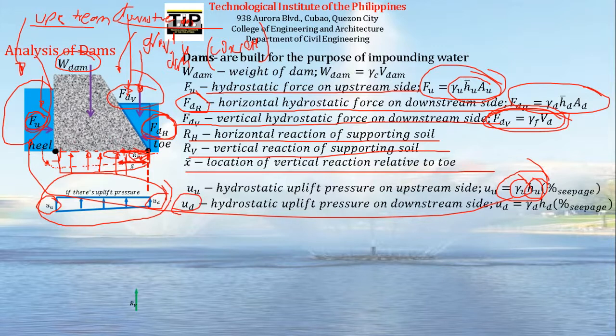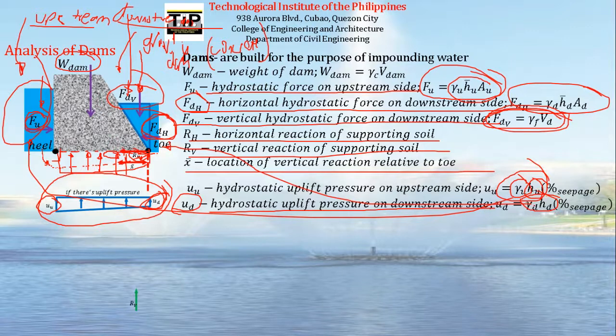And then we have U sub D. U sub D is the hydrostatic uplift pressure on the downstream side. It can be computed by multiplying the unit weight of the liquid times the height.